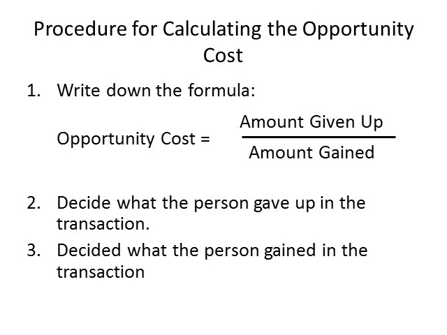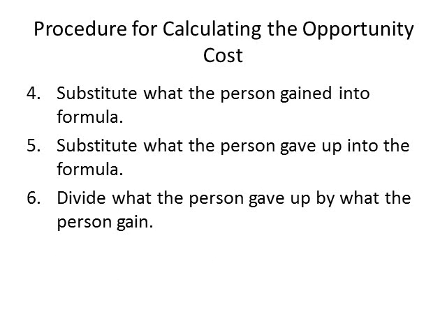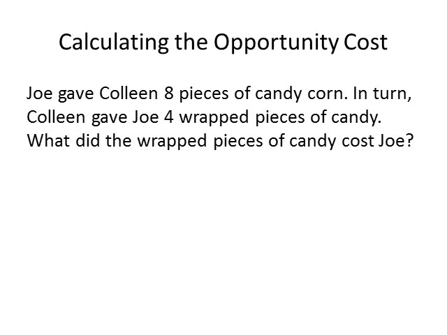The procedure for using a formula to do the calculation is: write down the formula for calculating the opportunity costs, decide what the person gives up, decide what the person gains from the transaction, substitute in what the person gives up into the formula, substitute in what the person gains into the formula, and divide the amount given up by the amount gained. Let's see how we might use a formula to calculate the opportunity cost of the wrapped candy.